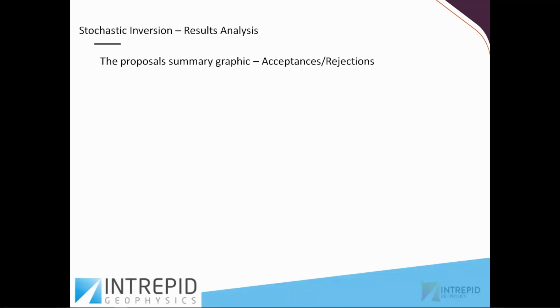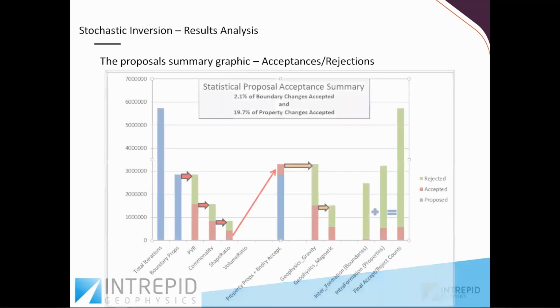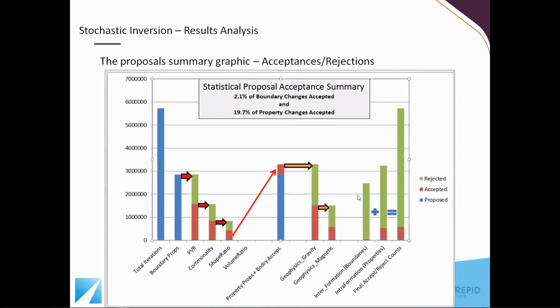The inversion result, how we see the step-by-step progress of the inversion, is reflected in this flow chart over here. You can select any number of iterations based on your requirement and your system performance. But in this example, suppose we have selected 6 million iterations.